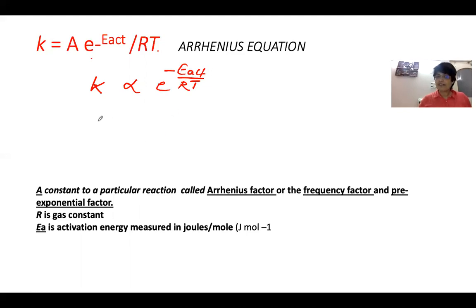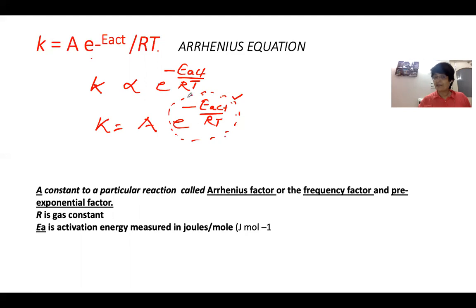Once the proportional sign is removed, it comes as A e to the power minus Ea upon RT. This value basically depends upon the number of collisions taking place between molecules.